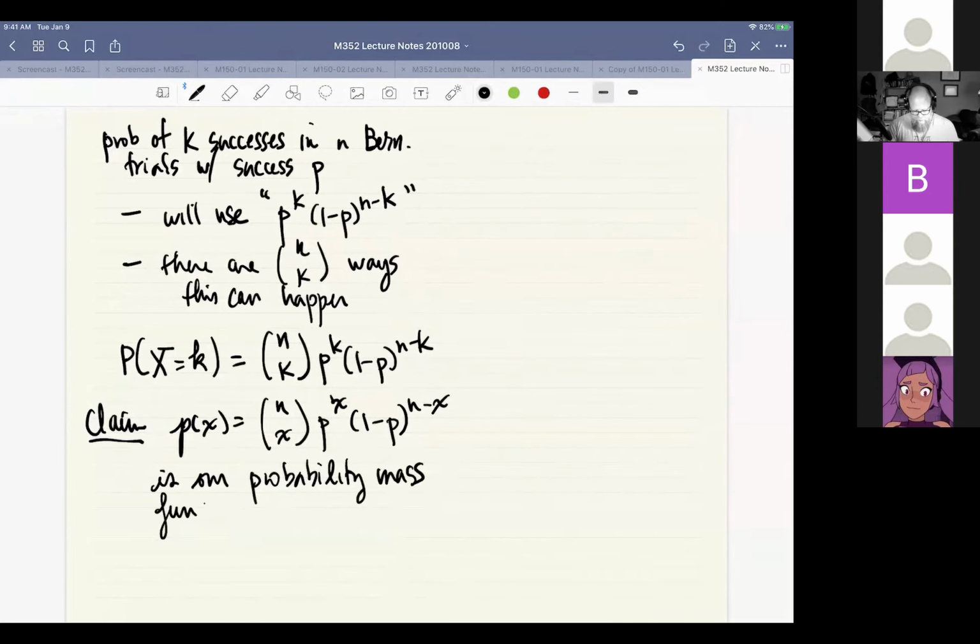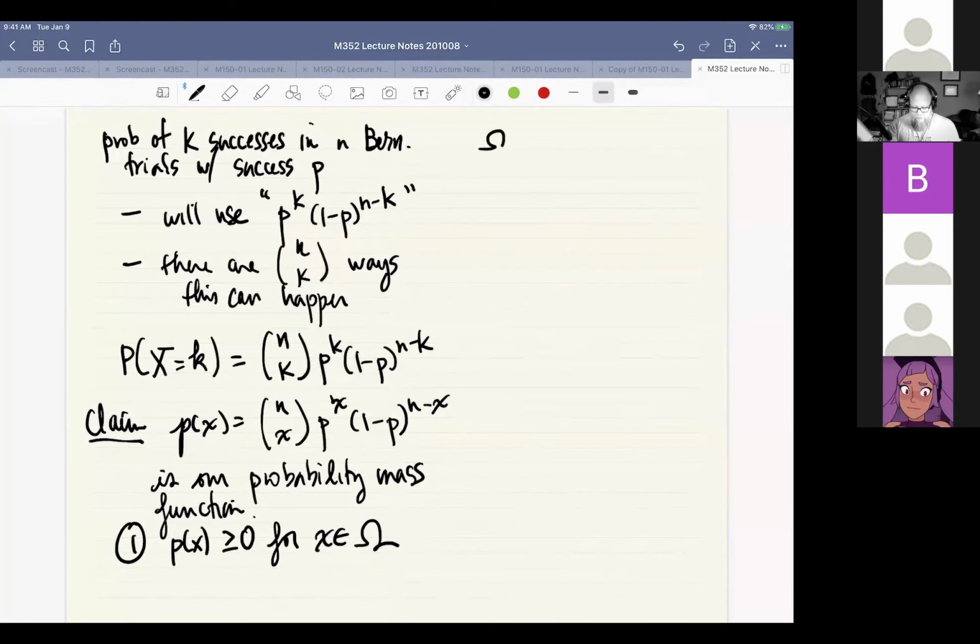And to convince you of that, I just have to show it satisfies two properties: that the function is always positive and less than 1, and then that the terms sum to 1. So I'm going to show that for every possible outcome, my function is positive.